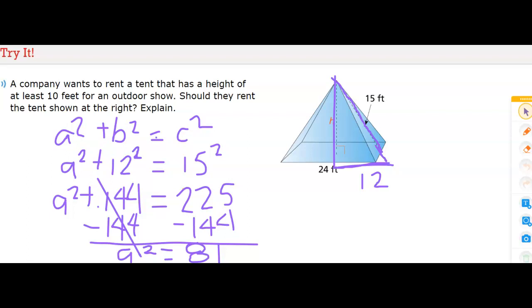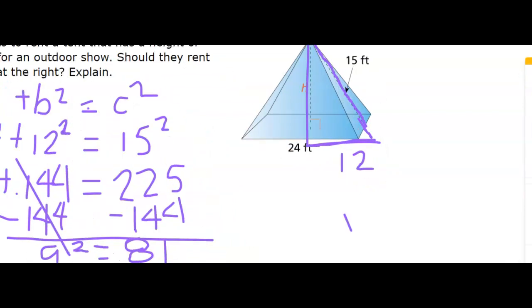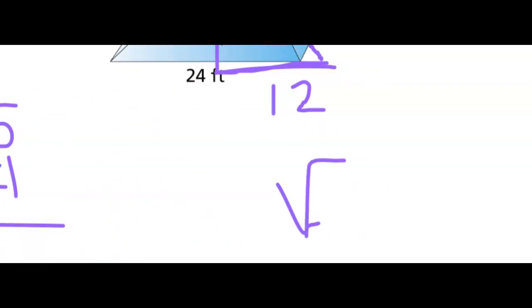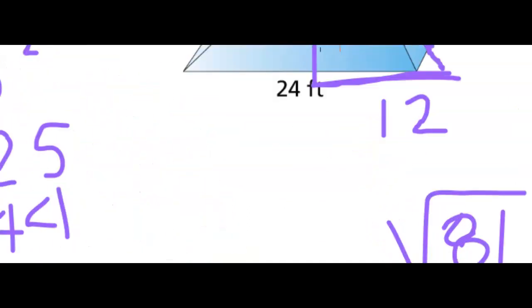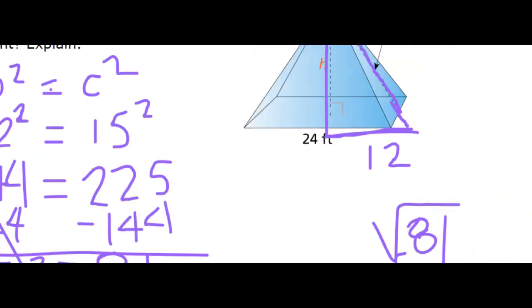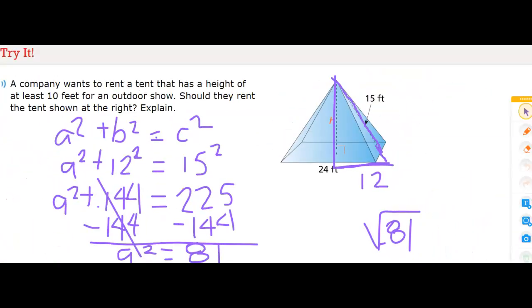So then we're going to take the square root of 81 to solve for a, and the square root of 81 is 9. So the height is equal to 9.